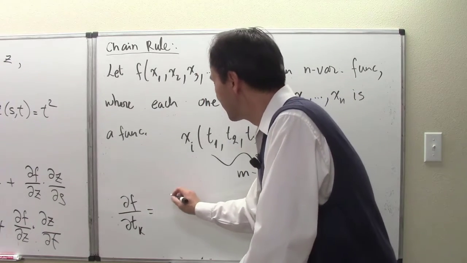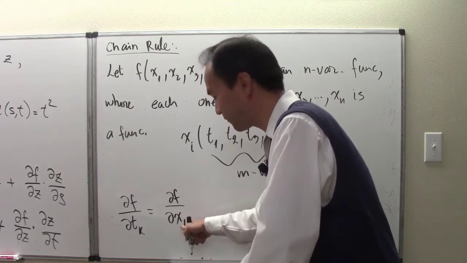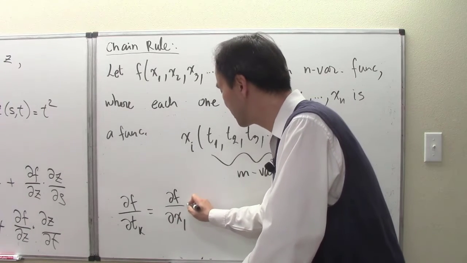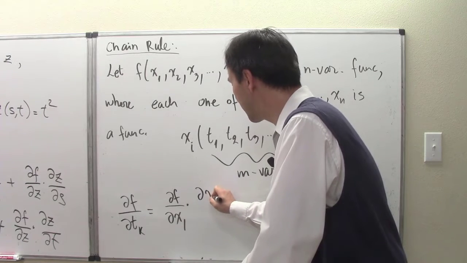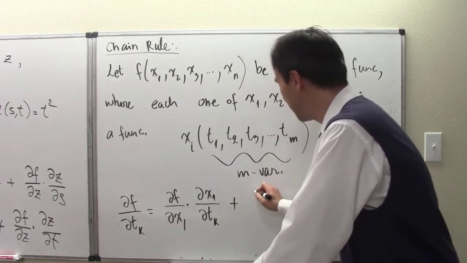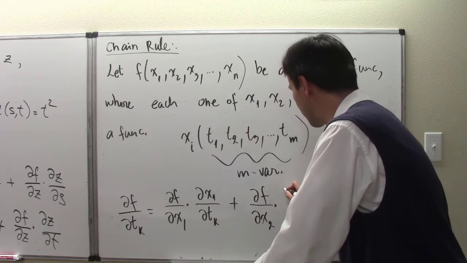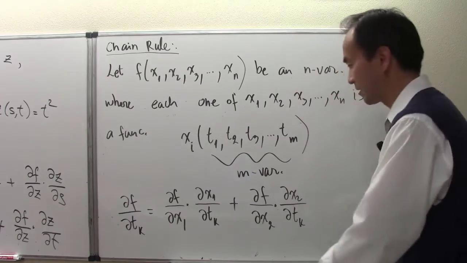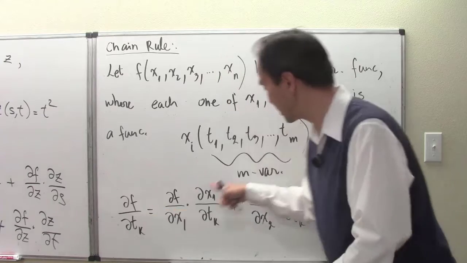It's going to be df over dx1, the first variable at the outer level, multiplied with dx1 over dt sub k, plus df over dx2 times dx2 over dt sub k, because it's all about dt sub k, the partial derivative with respect to the kth final variable.